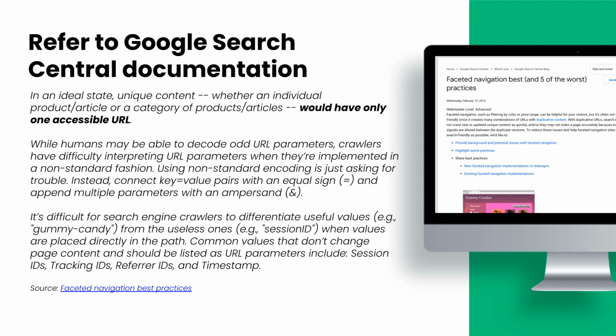They're just going to treat them as the same thing. So common values that don't change page content should be listed as URL parameters, including session IDs, tracking IDs, referrer IDs, and timestamps. And to read more about it, I've included a link to the official Google documentation on how to treat faceted navigation.